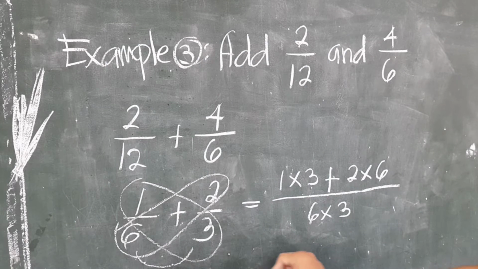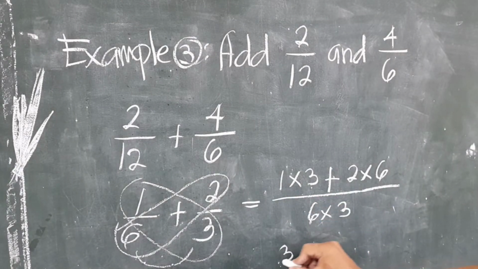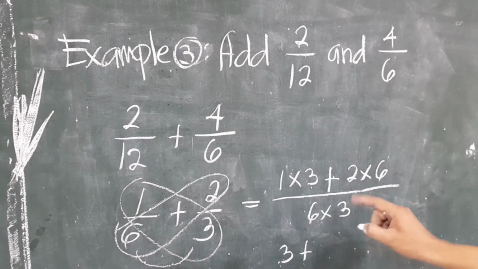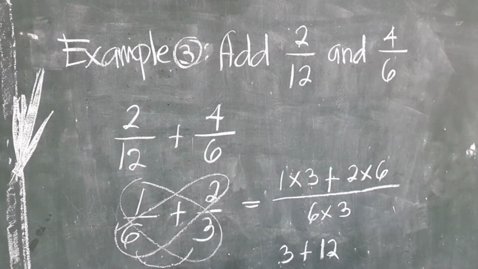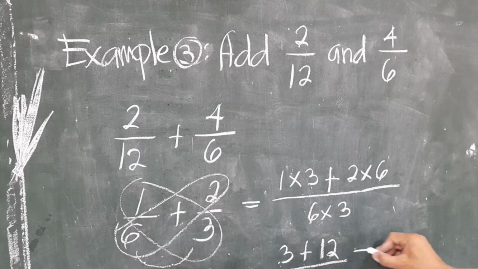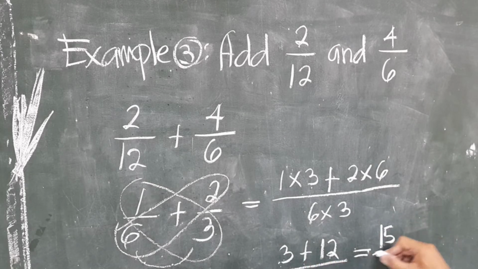So now we have 1 times 3, which is 3, plus 2 times 6, which is 12, all over 6 times 3, that is 18. So we have now 3 plus 12, we have 15 over 18.